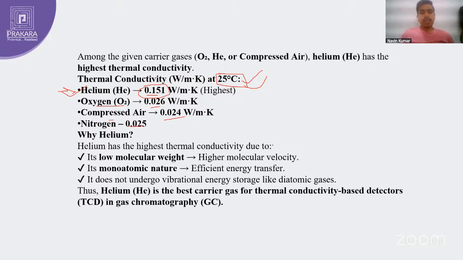And basically this happens due to its low molecular weight and monoatomic nature. Sometimes the question might appear, why does helium have high thermal conductivity? So remember, it's because of low molecular weight and monoatomic nature.